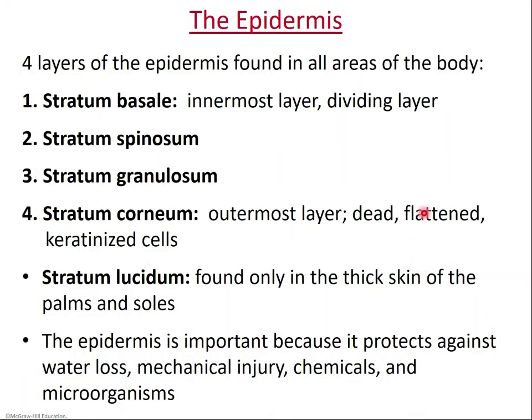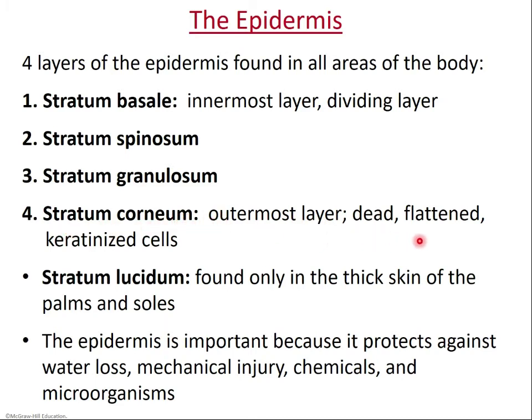So let's go through the four layers of the epidermis. The innermost layer, as we talked about, is the stratum basale, the layer that has dividing cells. The layer right above it is the stratum spinosum, followed by the stratum granulosum, and then the topmost, outermost layer, the stratum corneum.